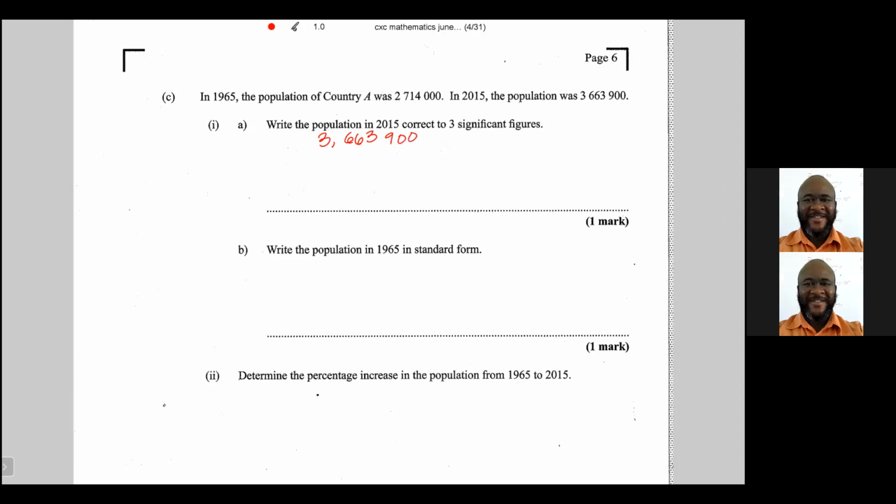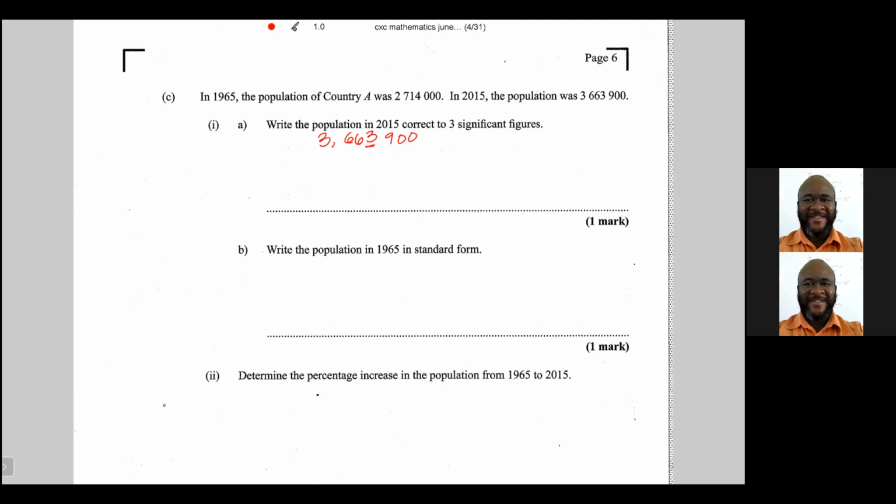Now, if I'm going to write a number to 3 significant figures, I must look at the digit which is the 4th significant figure. Significant figures start from the left. So the 4th significant figure is 3. Now, if the digit I'm considering is 5 or more, I'll round up.